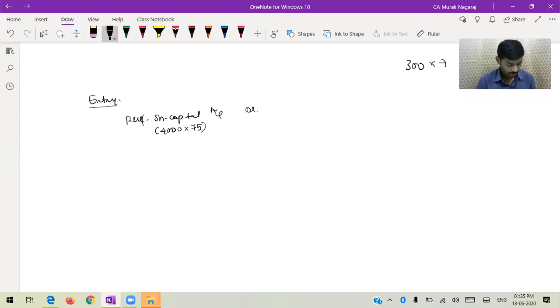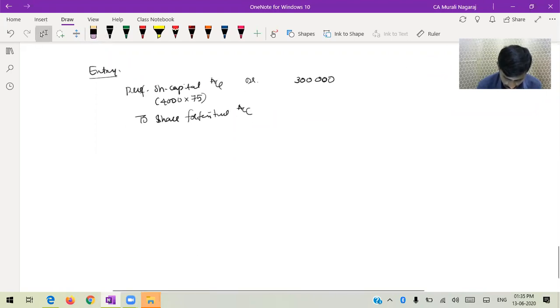3 lakh. 4,000 into 75, which amounts to 3 lakhs. Correct? 3 lakhs is the amount I am supposed to cancel from share capital. To the extent of paid up, I have to take to share forfeiture account.